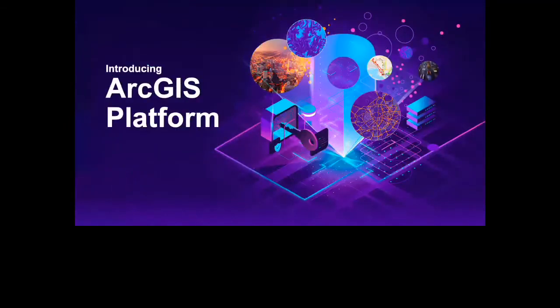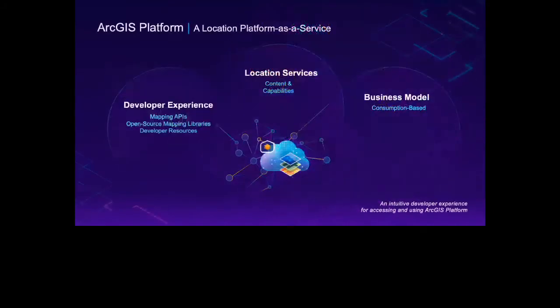So I want to introduce you perhaps to the ArcGIS platform. It's a location platform as a service, or PaaS, designed to bring powerful mapping and location capabilities into the global developer community. And ArcGIS is made up of 3 high-level elements: an excellent developer experience to help you to be successful by giving you access to our APIs and the ability to use the mapping library of your choice.